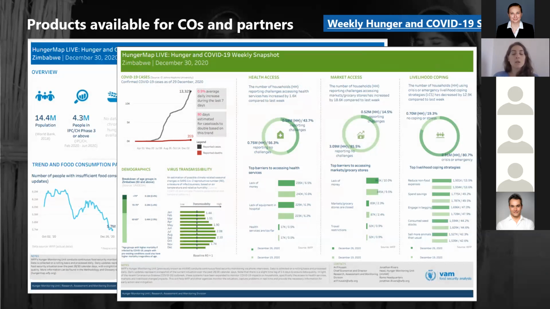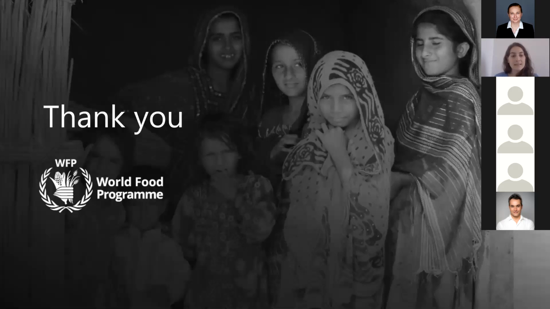So for example, for the countries where we do the continuous monitoring, every week we publish these Hunger and COVID-19 snapshots, where we show, as the name says, a snapshot of the situation in terms of food security, but also other things that we ask in our surveys, such as health access or market access, rCSI, but also livelihood coping, etc. And that's it for now. Thank you. And yeah, over to your questions.